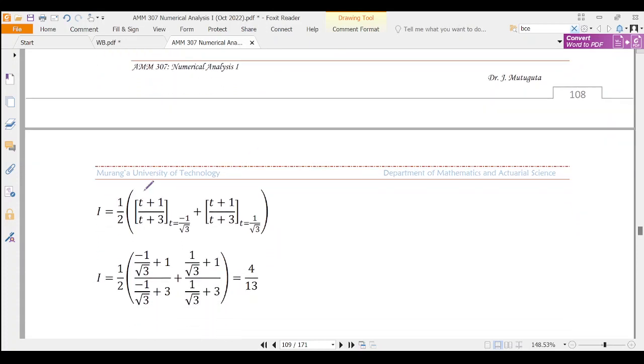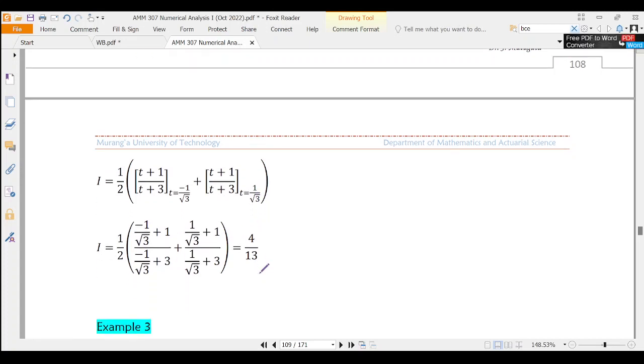So we substitute. We have a half into t plus 1 over t plus 3 evaluated at t equal to minus 1 over root 3, and the same quantity evaluated at t equal to 1 over root 3. So when we work out, the result is 4 all over 13.